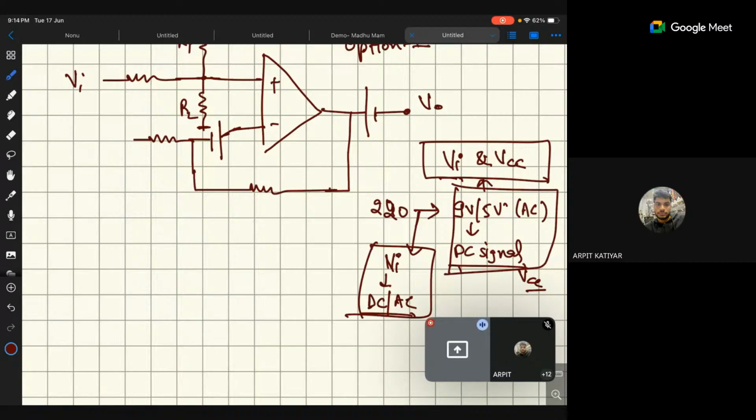So to overcome this problem, what do we do? We require a capacitor in place of the supply voltage.